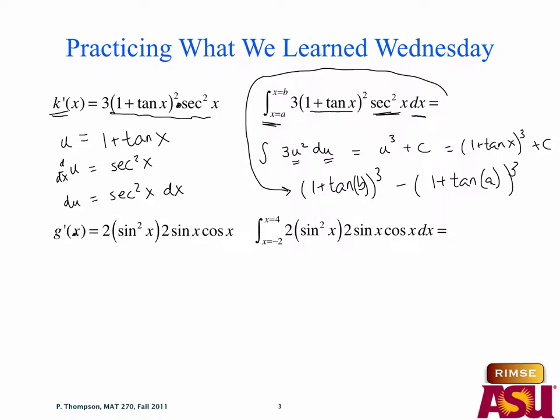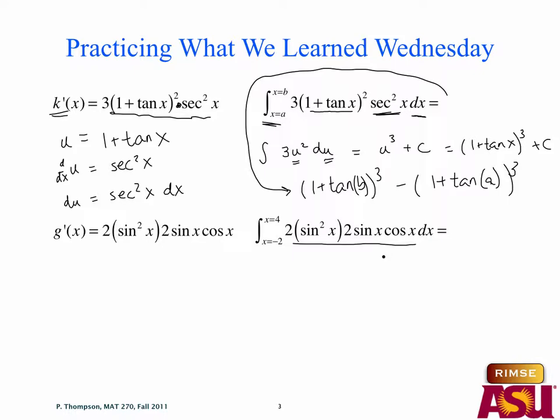So if we did it again, down here, once again, we're looking at a rate of change function, right? And I'm asking for the total accumulation between -2 and +4 corresponding to this rate of change function, okay? So that means I'm looking for a closed form antiderivative of this rate of change function.